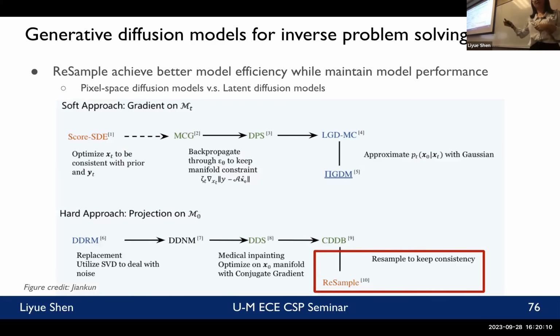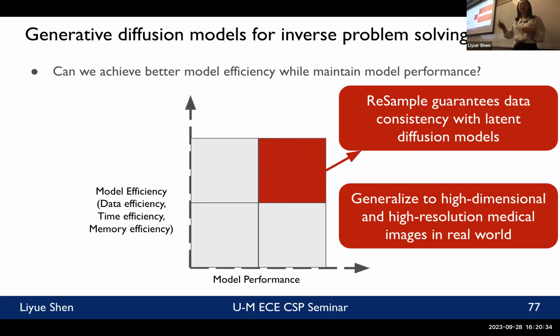And again, back to the diagram we have seen over the existing works, we think ReSample can be filled into this line of the hard approach, or hard data consistency. The difference is that all the previous approaches work only with pixel diffusion models, while we are among the first few works that work with latent diffusion models, because we have this resampling algorithm that can guarantee data consistency with latent diffusion models.